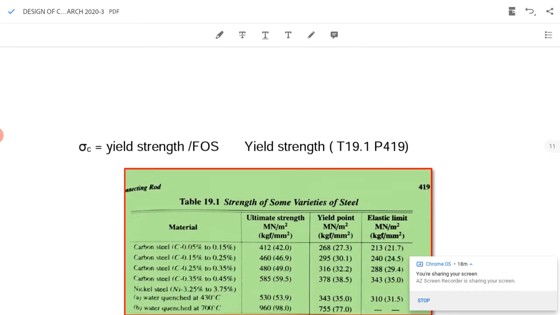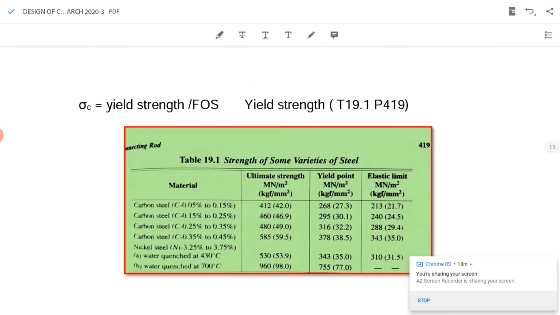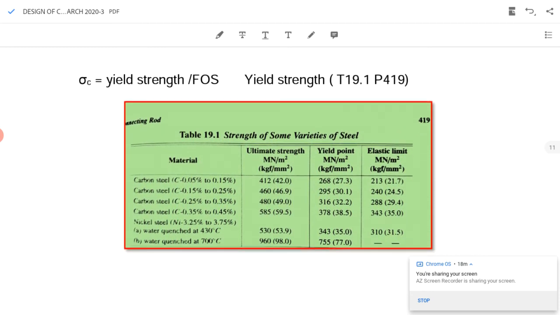Now, sigma c is the yield strength of the material. If the material is not given, we can select a material from table 19.1 given in page 419. We have a number of materials, and we can select one among these. If I am selecting carbon steel, 0.25 to 0.35% carbon, low carbon steel, its yield point is 316.